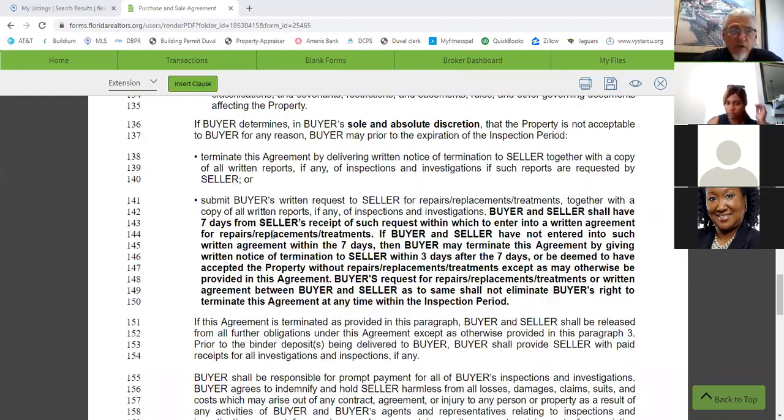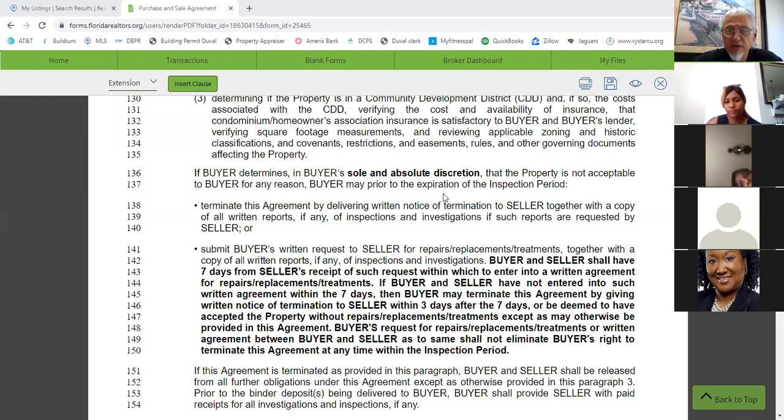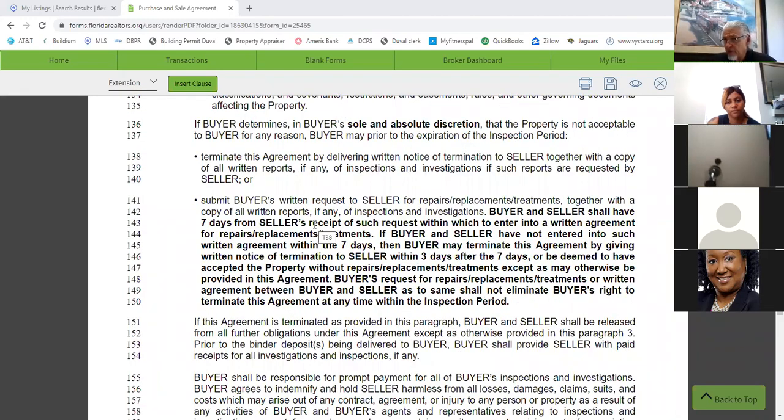All right. So the buyer has these options. He may terminate the agreement, delivering written notice of the termination to the seller together with a copy of all written reports, if any, of inspections and investigations, if such reports are requested by the seller. If you don't have any, nothing to give.